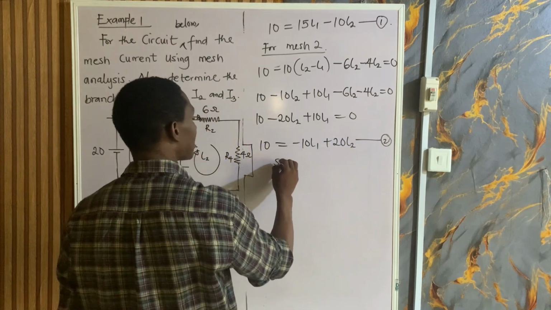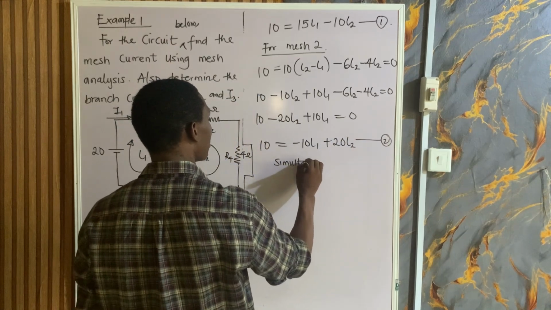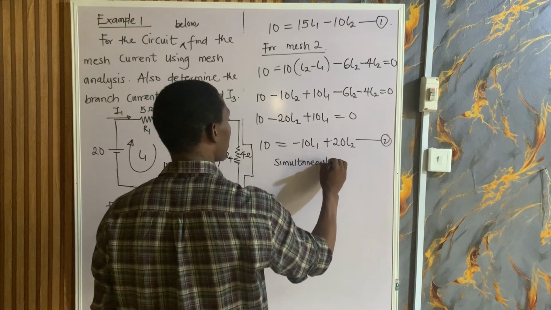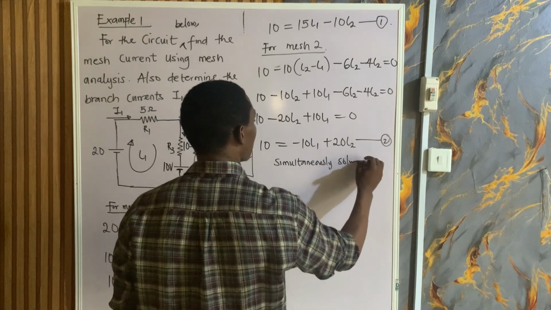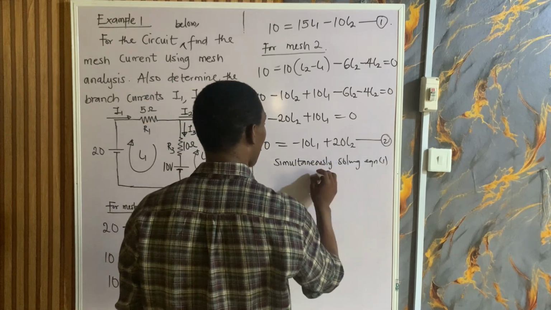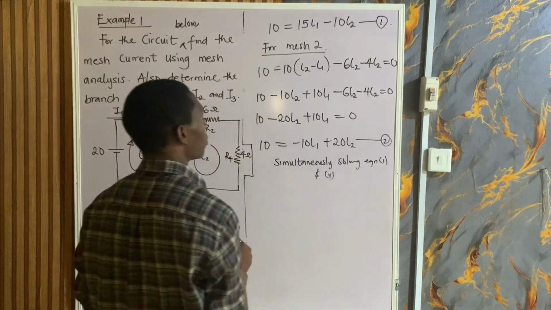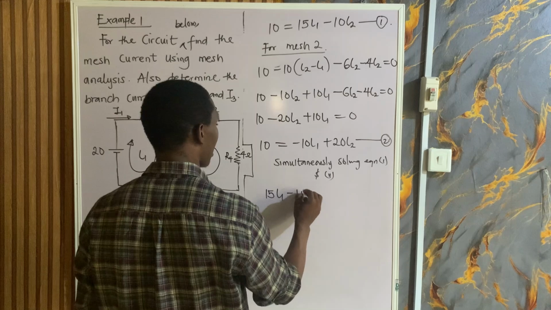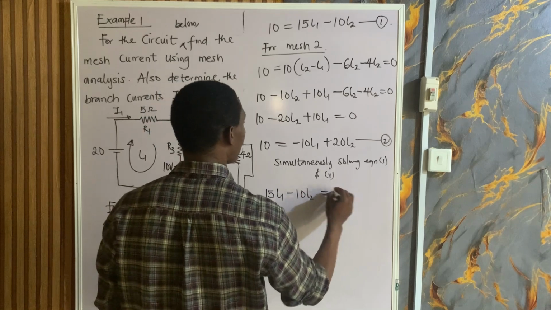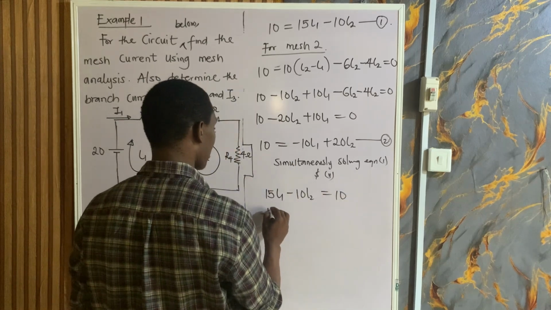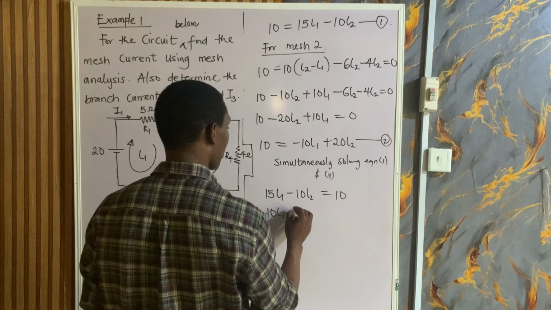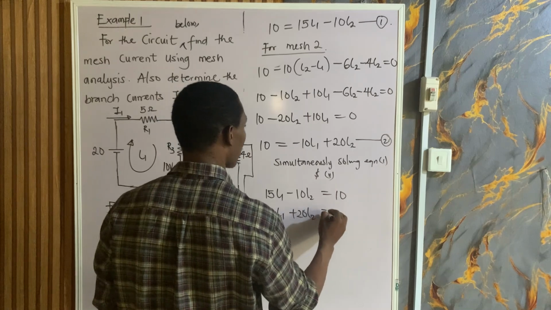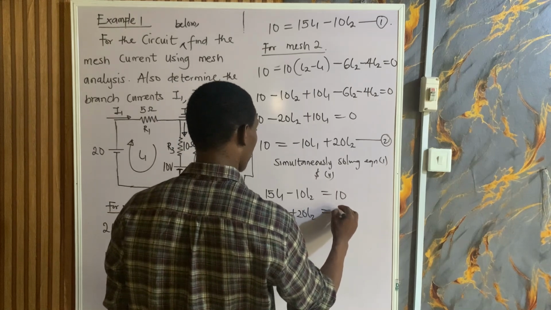So I can say, simultaneously solving equation 1 and 2. Our equation 1 says 15 I1 minus 10 I2 is equal to 10. And equation 2 says minus 10 I1 plus 20 I2 is equal to 10 as well.